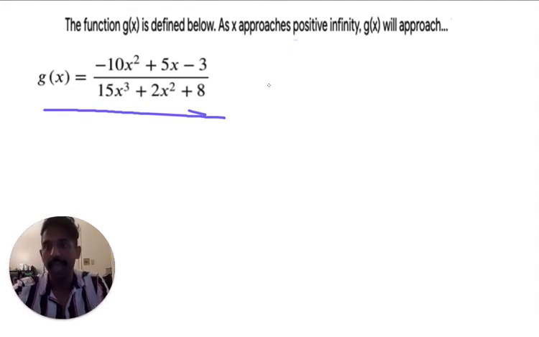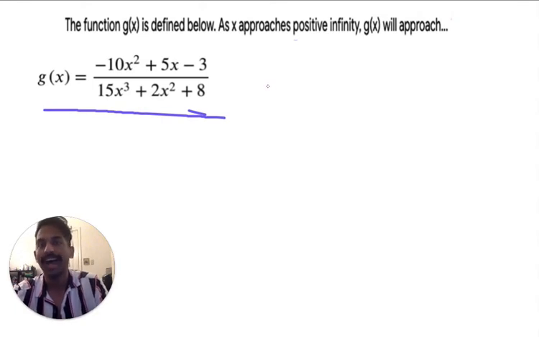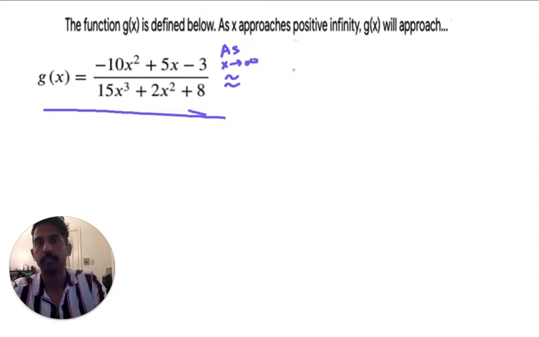Remember, whenever we're doing end behavior, we only care about the leading term, the term with the highest degree in each polynomial. And so on this top one, I don't care about the 5x and I don't care about the negative 3 because there's a negative 10x squared. So as x approaches infinity, the numerator is pretty much just going to be determined by negative 10x squared.